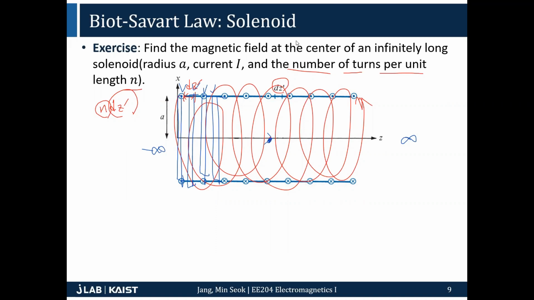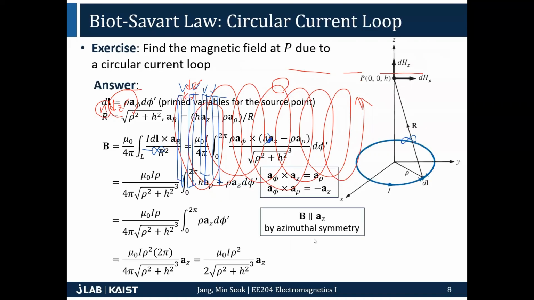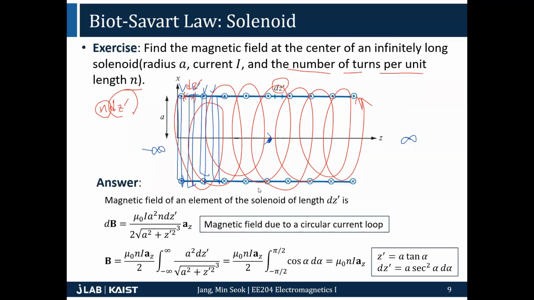The magnetic field due to a current carrying loop was obtained here. So let's use it. This is the magnetic field due to a current carrying loop with dz thickness.